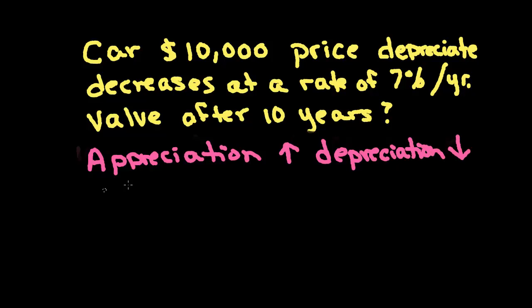If you buy a house, most of the time the value will appreciate because of inflation and things like that, and the value of the house increases over a period of time. However, cars don't do that. We don't own them long enough, and they are mechanical, they fall apart, so they depreciate.